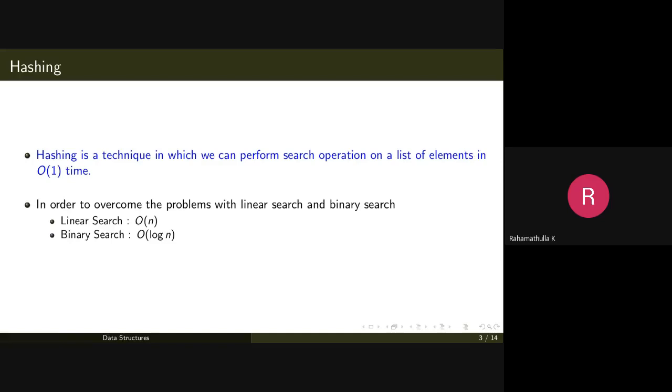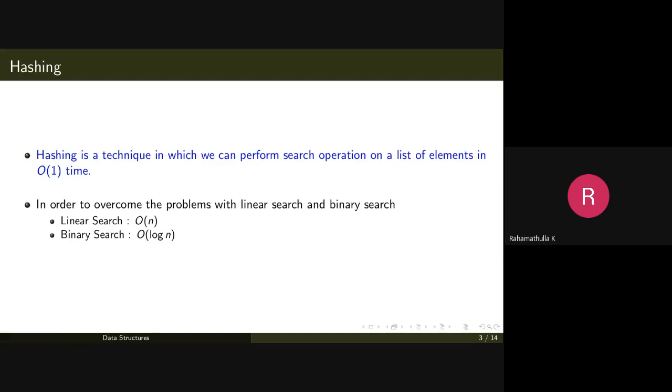To improve the searching mechanism, we have used binary search method, in which the elements are arranged in a sorted order, and we were able to perform the search operation in a much better way compared to linear search. The time complexity of binary search operation was order of log n, which is much less compared to order of n.